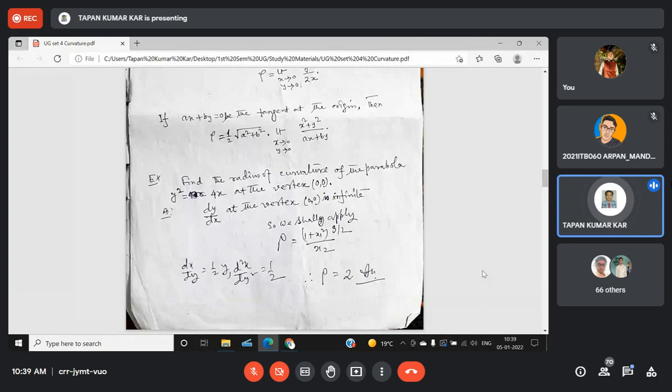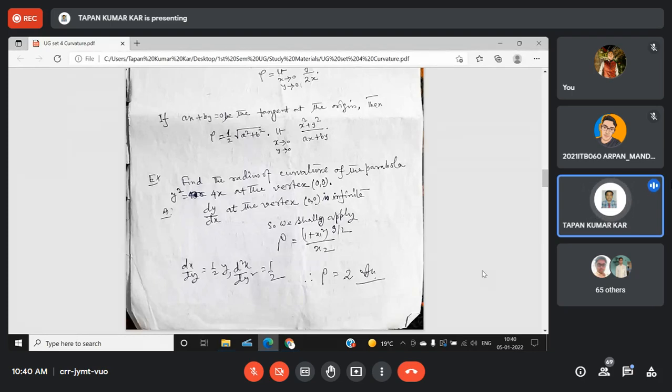X-axis is the tangent, y-axis is the tangent, or any other line is the tangent? As I told you, if any curve passes through the origin, then the lowest degree term equated to 0 gives the tangent at the origin. Here the lowest degree term is 1, and that is only for x. So x equal to 0 is the tangent.